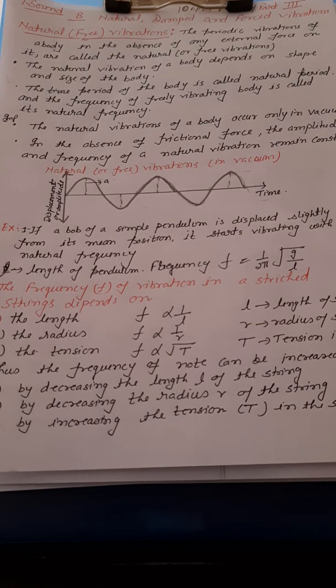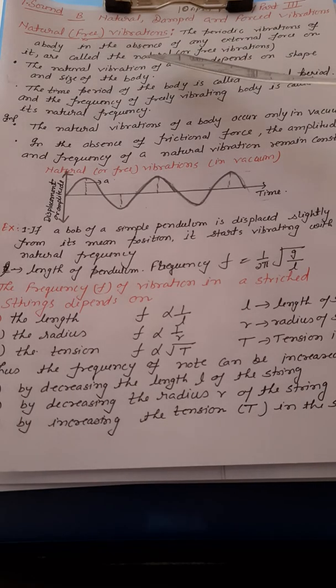It means if we set a body into vibration and no external force acts on it, the body will continue in vibration. But this is possible only when there is no resistive force. So these kinds of vibrations take place in vacuum where no medium is present, so no frictional force acts on it.